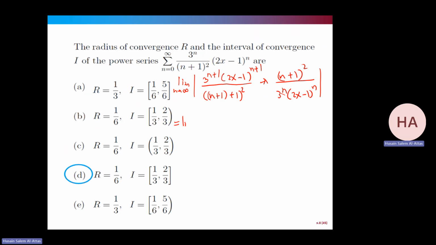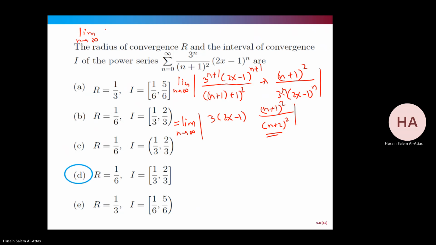Okay, so that will give me the limit as n goes to infinity of what? 3 absolute value of (2x minus 1), and this will be (n plus 1) square over (n plus 2) square. Yeah, this limit is 1. You can check it easily.